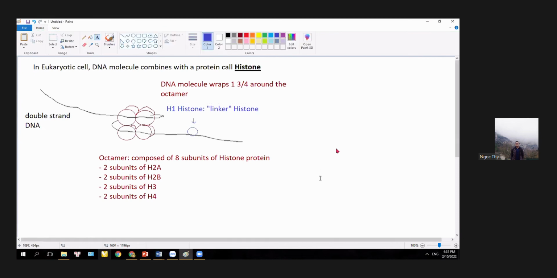And it continues to wrap like this, continuing to wrap to another octamer. Each octamer is 8 subunits, okay? Then it continues to go around.